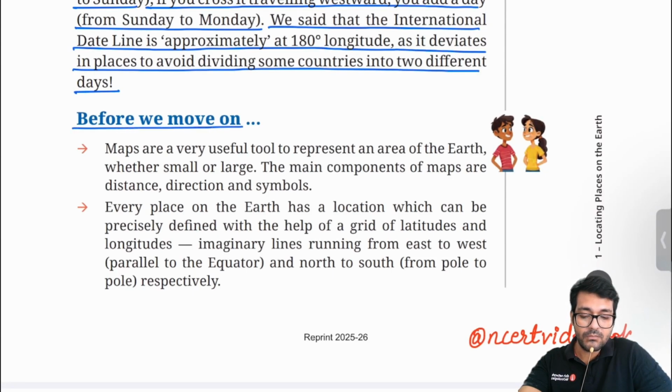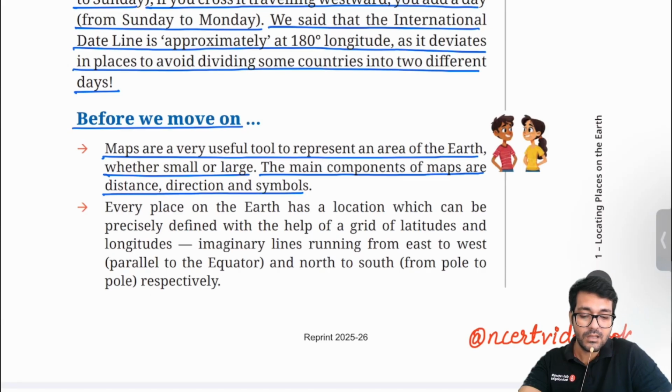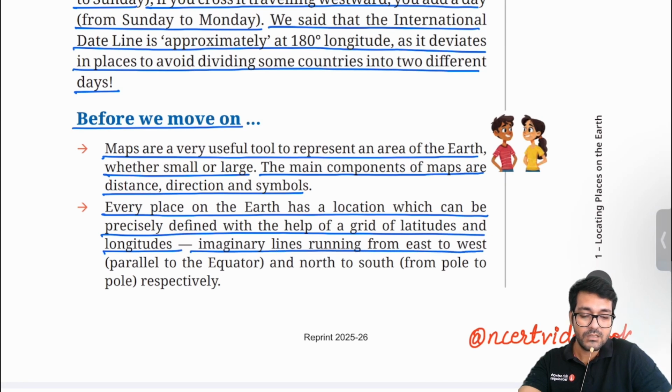Before we move on, maps are a very useful tool to represent an area of the earth, whether small or large. The main components of maps are distance, direction and symbols. Every place on the earth has a location which can be precisely defined with the help of a grid of latitudes and longitudes, imaginary lines running from east to west parallel to the equator and north to south from pole to pole respectively.